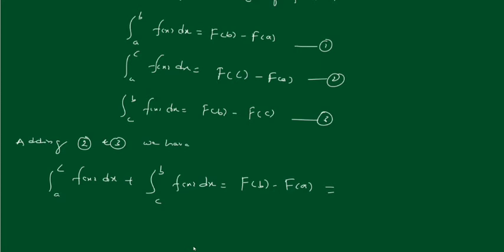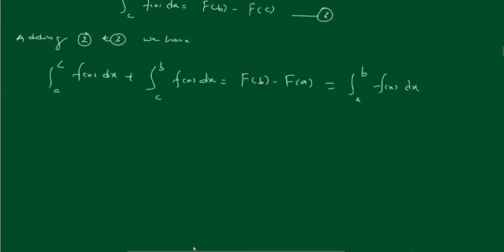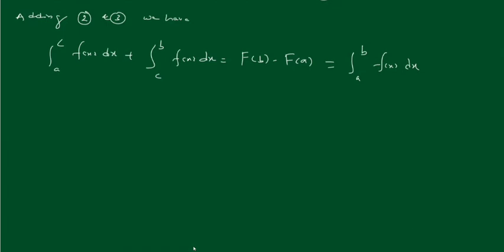That is, F of b minus F of a remains here, which can be written as integration a to b of f of x dx. This proves property 3. So next, property 4.